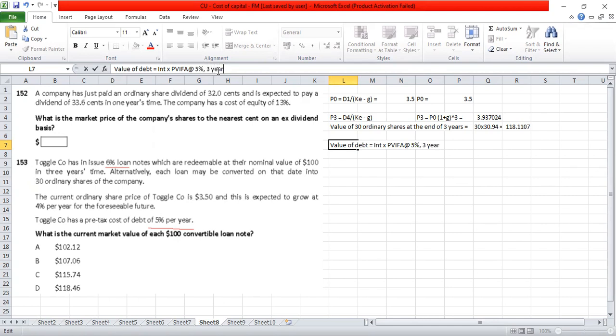Is that the only cash flow we are looking at? Interest being paid annually for the next 3 years, that is one future cash flow. There's another future cash flow which would arise at the end of the 3 year period. That is the redemption value, the redeemable value, the maturity value, put it as whatever you say.